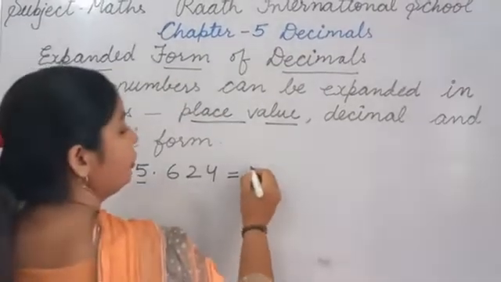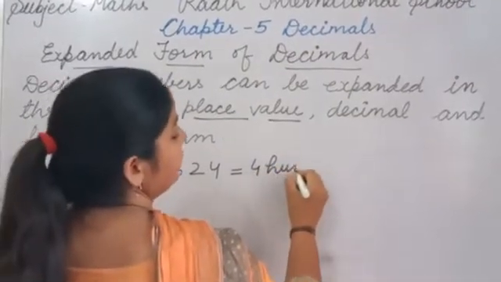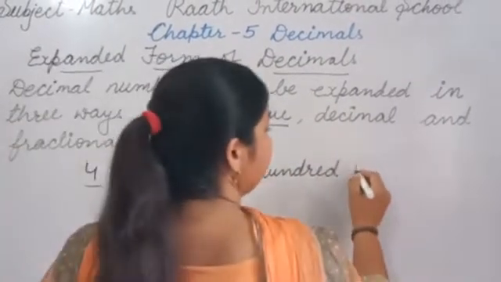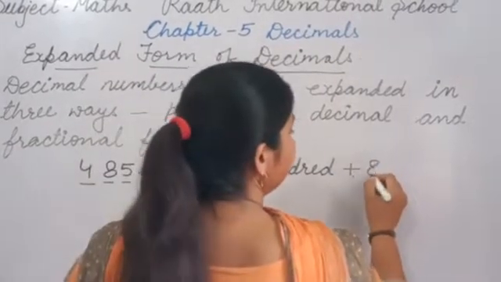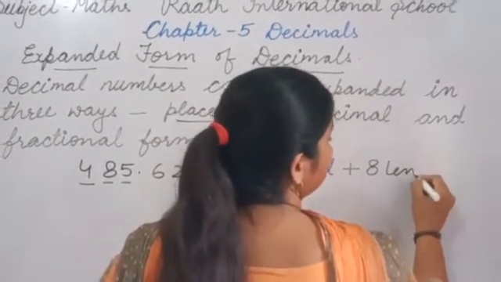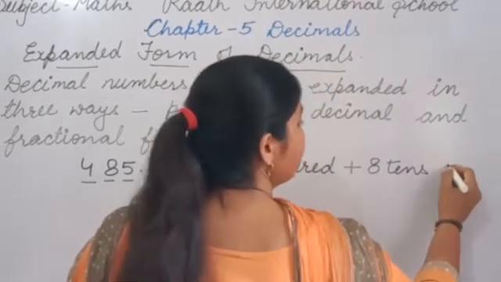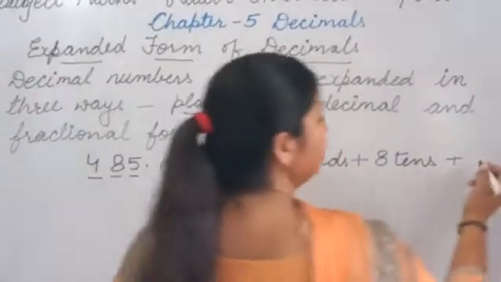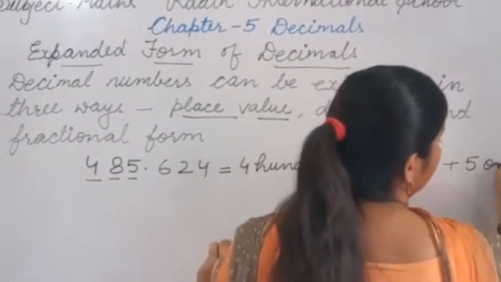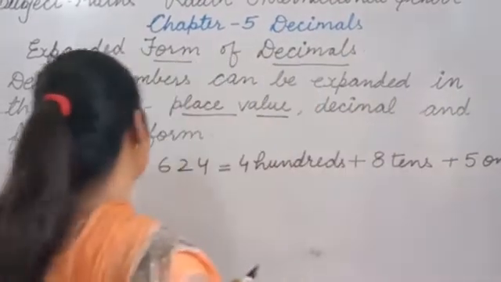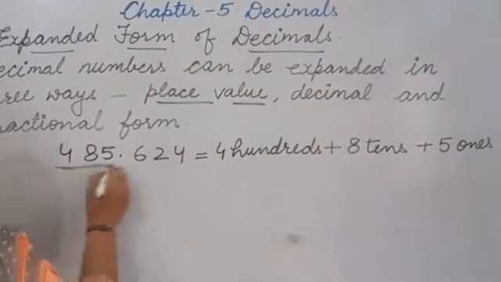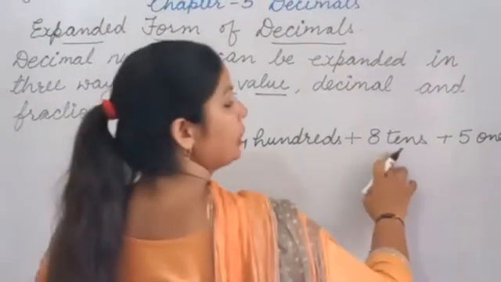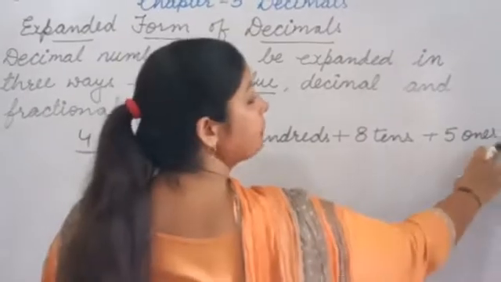So we write here 400s plus 8 tens plus 5 ones. Okay. First of all we should write whole number expanded form. So whole number expanded form is what? 400s plus 8 tens plus 5 ones.